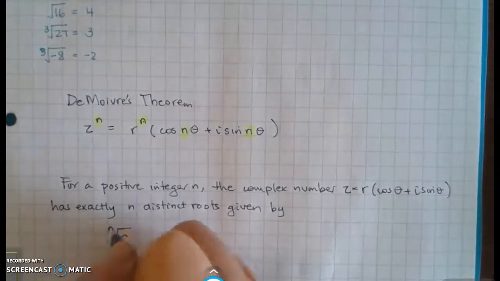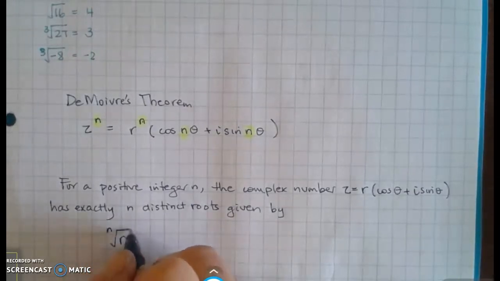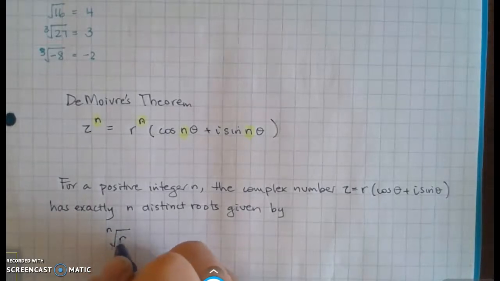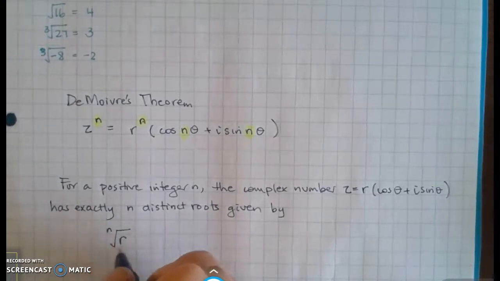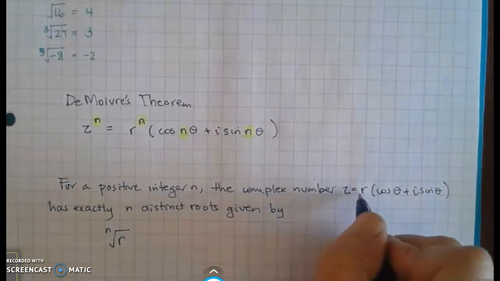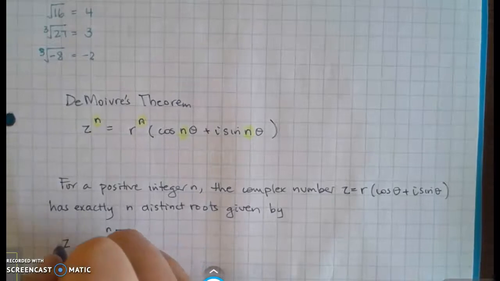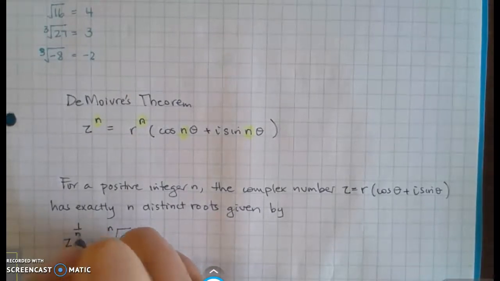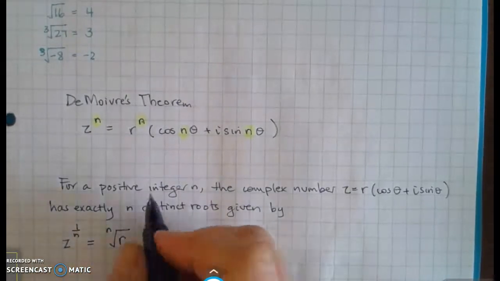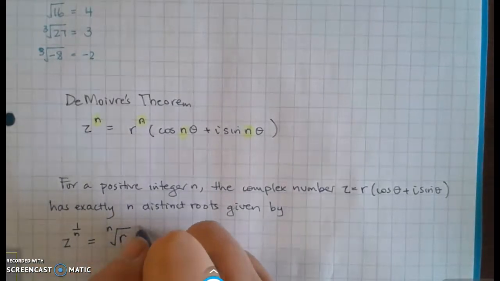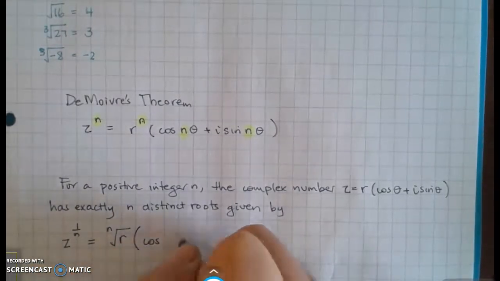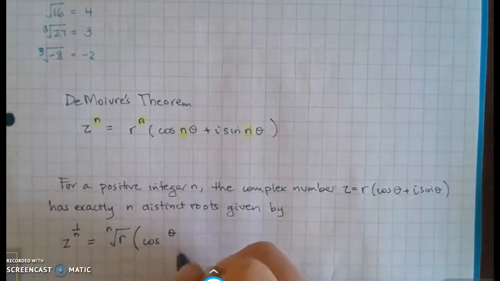R nth root. Okay, so this is the index, and we're taking the nth root of the modulus. So here, if I have z raised to the power of 1 over n, it is going to be expressed as the nth root of r multiplied by cosine of theta.